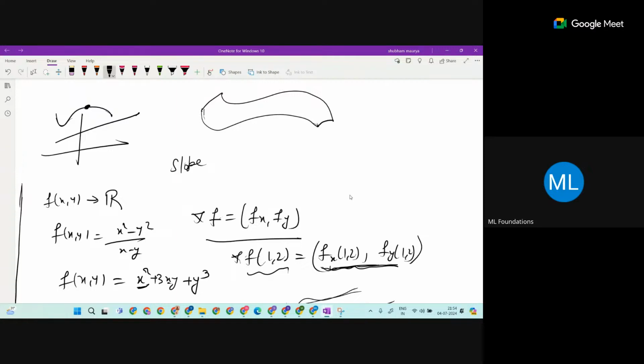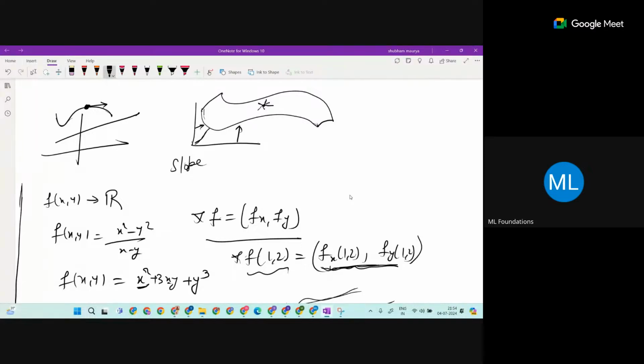It needs 2 inputs, this is an input, this is an input, and this is the height, your z. So here it is not only one direction; there are many directions. In different words, slope gives a direction, a tangent kind of direction.